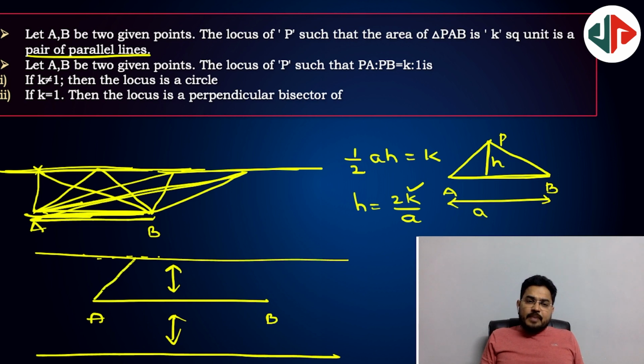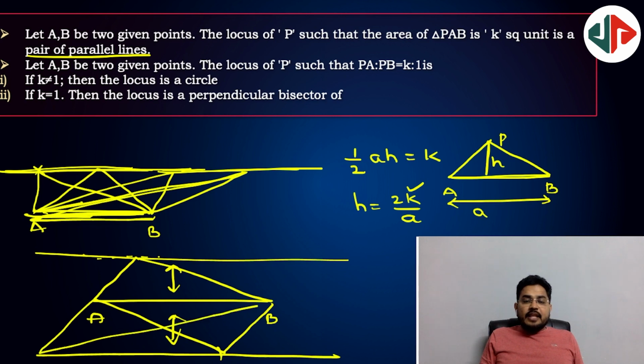You take this P here, the area of this triangle remains the same. Or if P is here, this triangle's area is also the same. So when A and B are two fixed points and a fixed area is given, the locus of P is going to be a set of parallel lines.